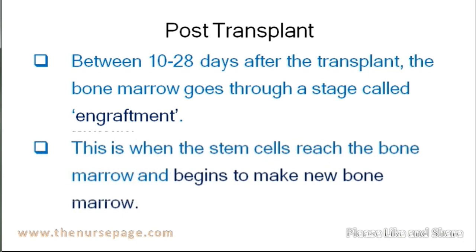This is when the stem cells reach the bone marrow and begin to make new bone marrow. So during 10 to 28 days, the administered bone marrow reaches the bone marrow and starts to make new bone marrow.